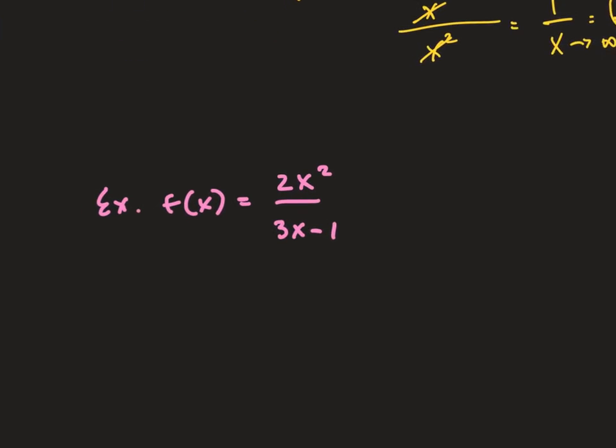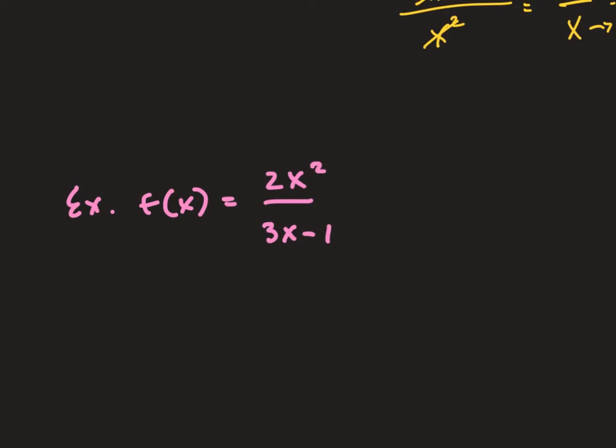Moving on here, doing the same thing. Horizontal asymptote, well, if I look at just these first two terms, I have 2x squared over 3x. And if I were able to cancel some of these out, that would end up being 2x over 3. So as x approaches infinity, this number is just going to get larger and larger.